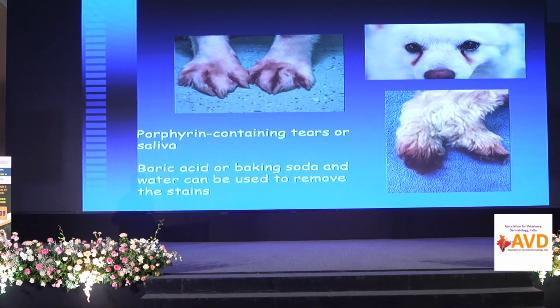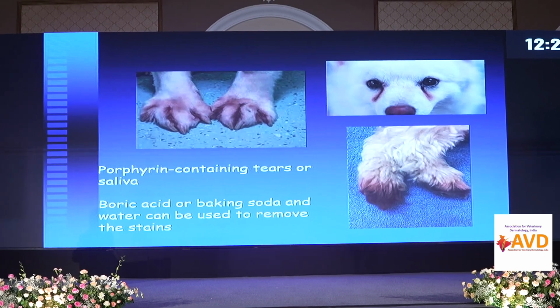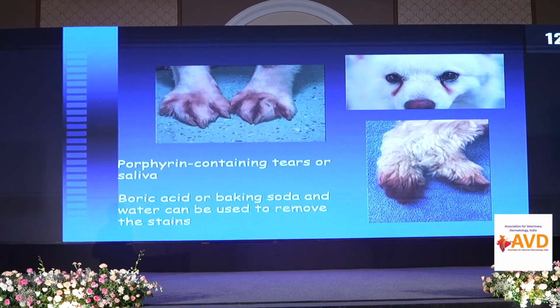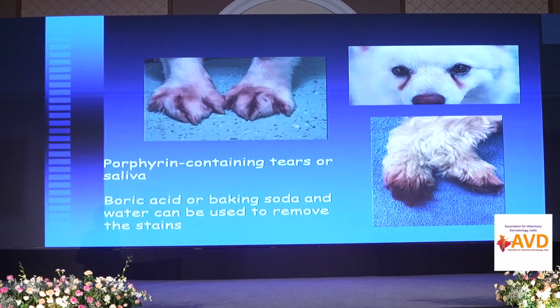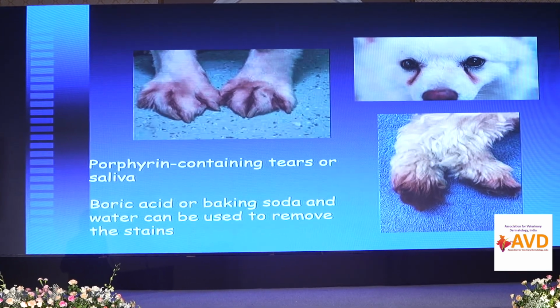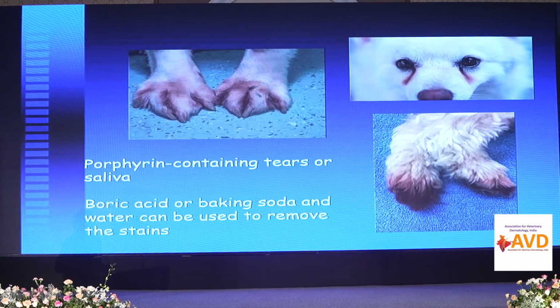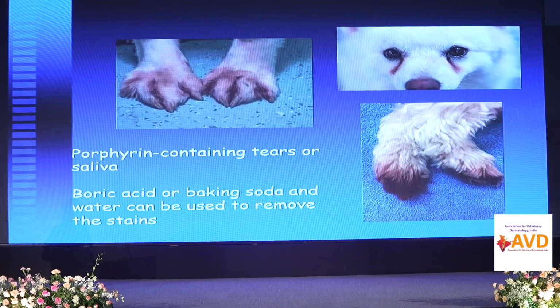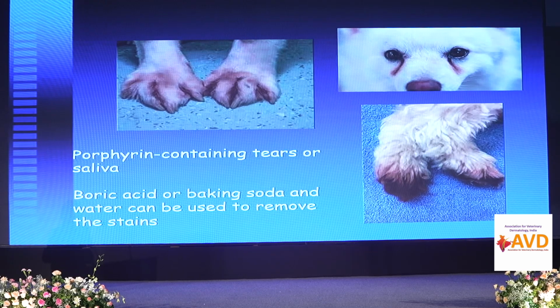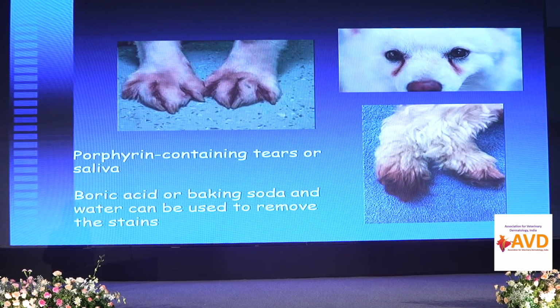Other situation for changes of hair color is salivary staining and tear staining, right? So the salivary staining is the allergic dog that is basically licking and has been licking for a while. And so this has to do with the porphyrin that is present in the tear and the saliva.